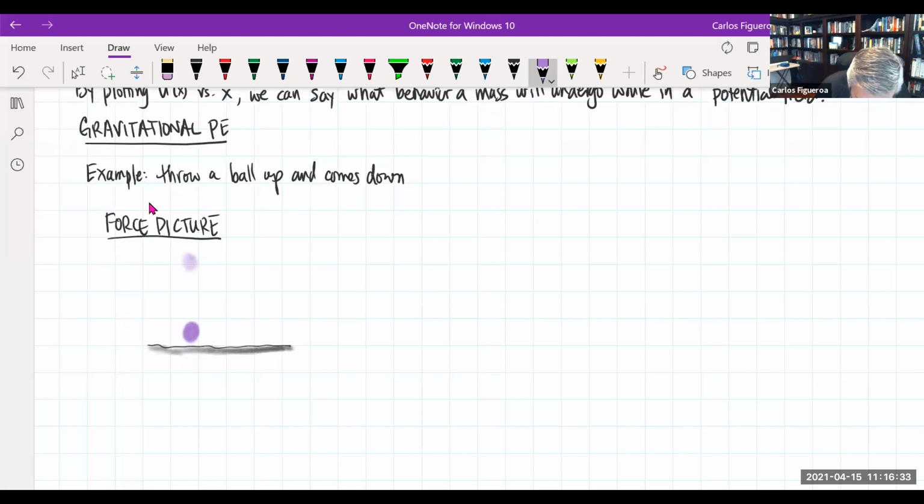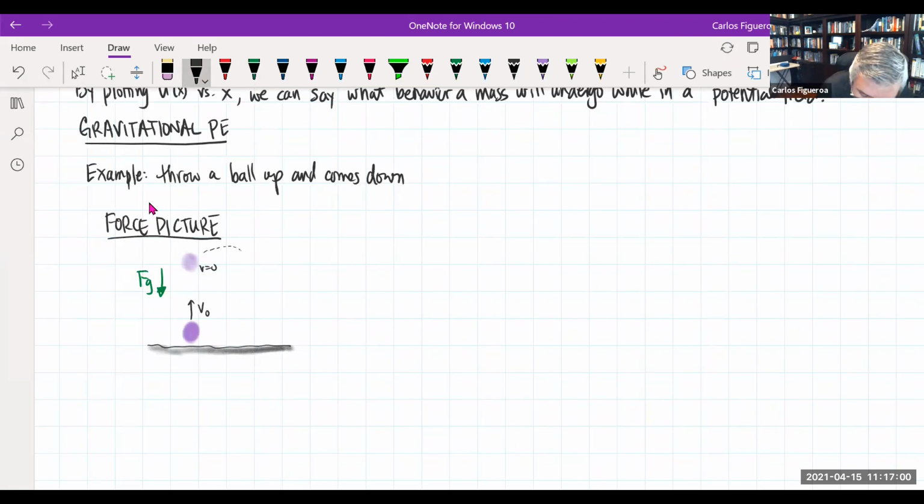It comes all the way up to here, and I'm giving it some initial speed. We all know that the reason is that there's this thing called the force of gravity. The force of gravity is always acting on this thing. And it gets up to the top, and we know it reaches a speed of 0.